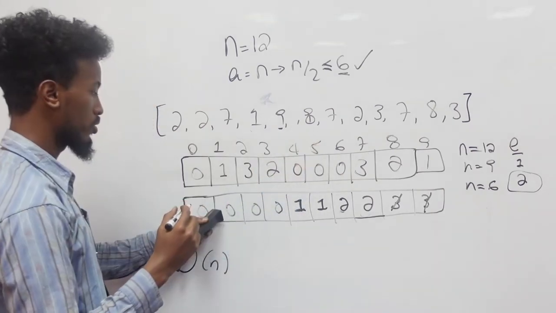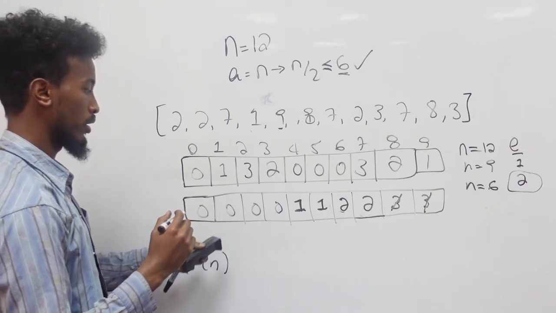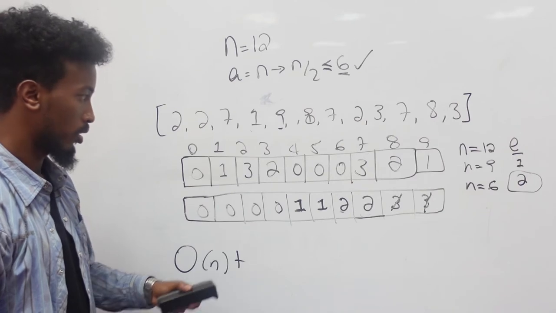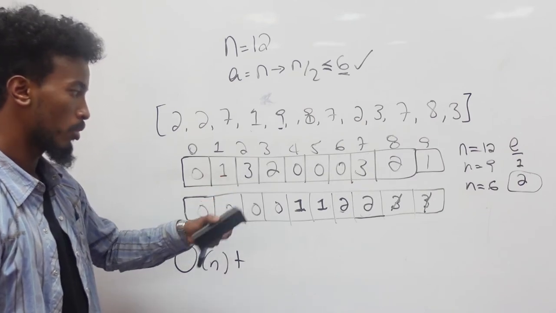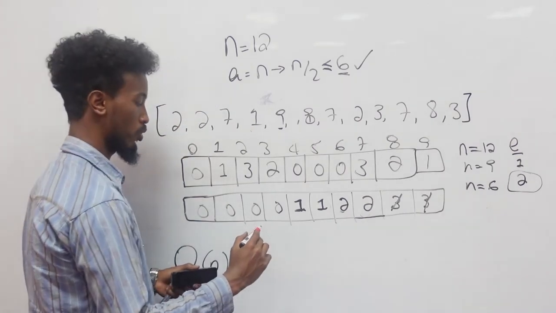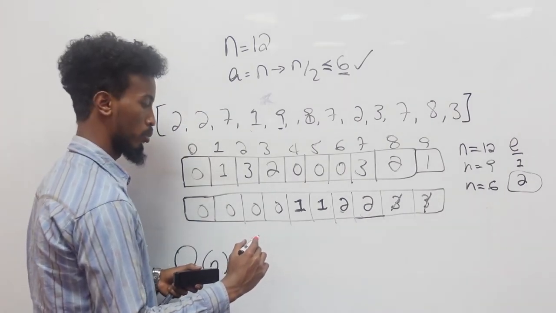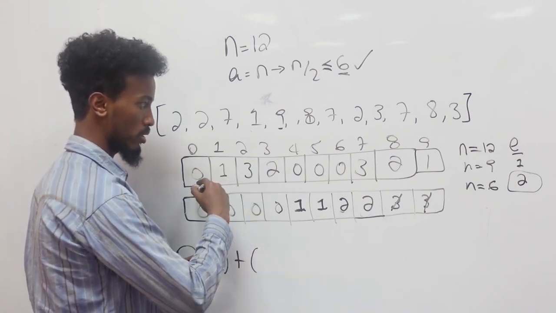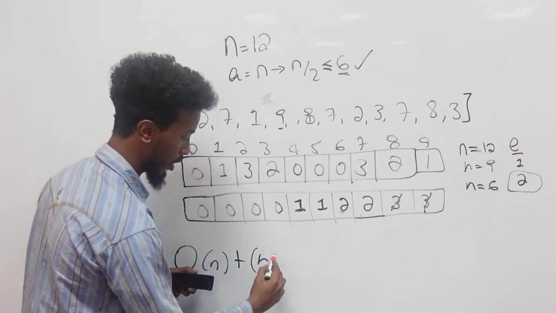We can also use counting sort for this one, but we can use other approaches. For now, I assume I am going to use merge sort or quick sort, which are n log n, and since the size is r, it becomes r log r.